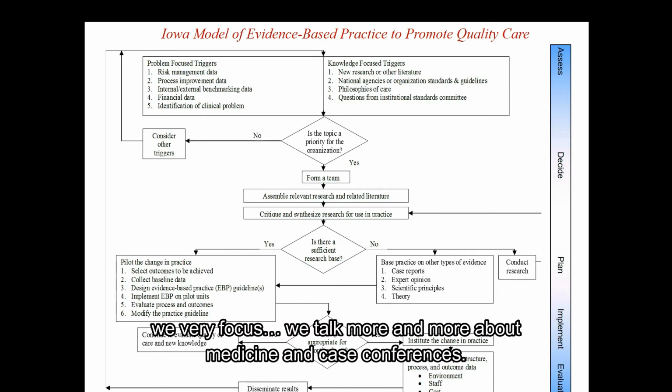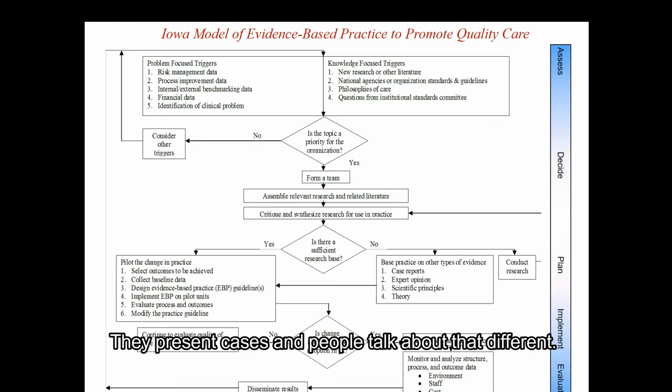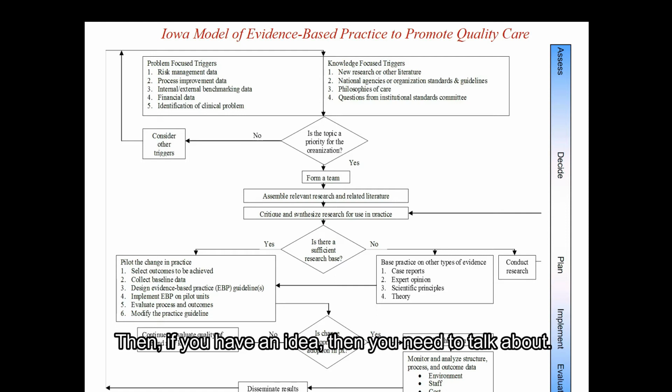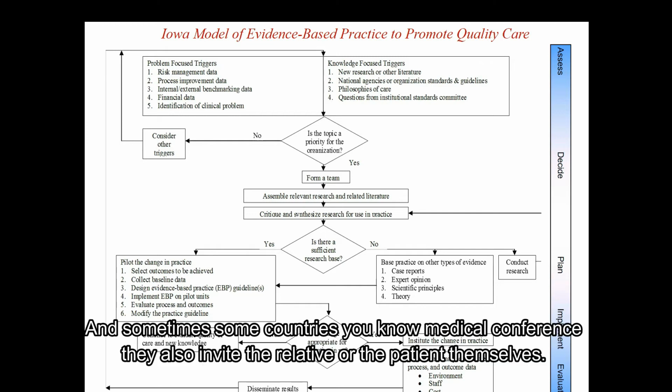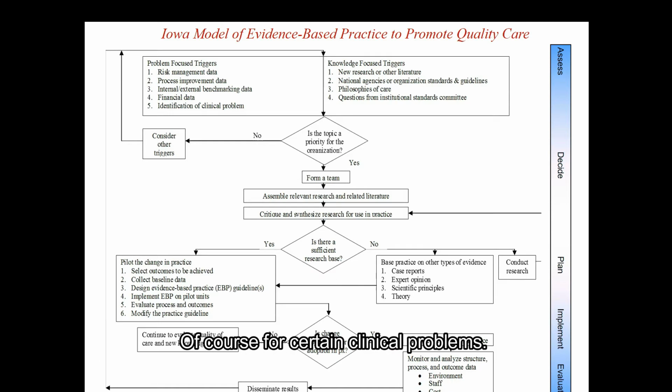In medicine, we talk about case conferences. They present a case and people talk about different things. If you have an idea, you need to talk about it and everyone makes the decision. And sometimes in some countries, in medical conferences, they also invite the relatives or the patients themselves, of course for certain clinical problems.